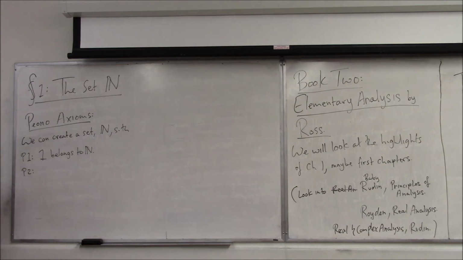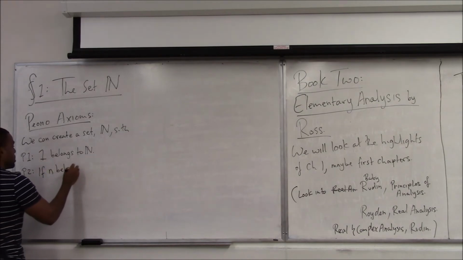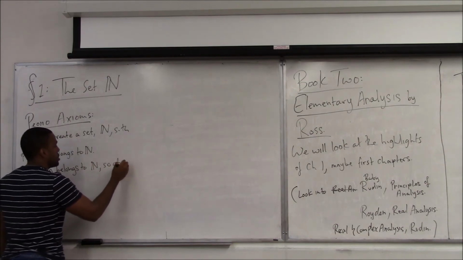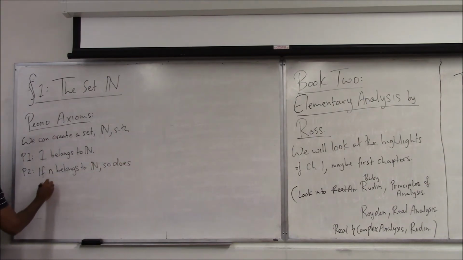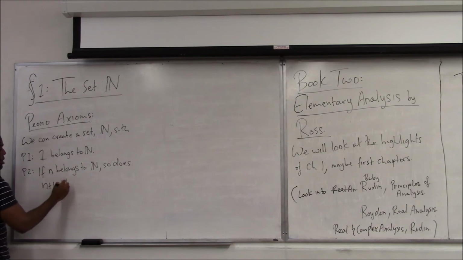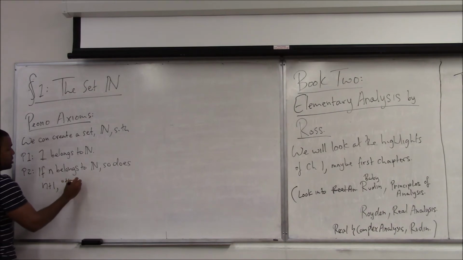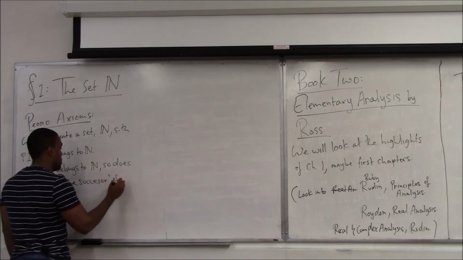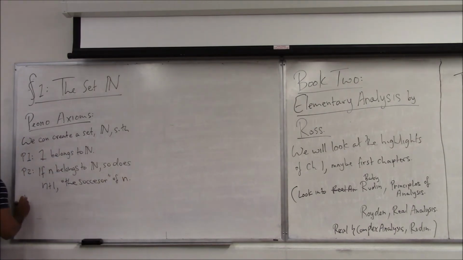Axiom 2. If n belongs to N, so does n plus 1, which we call the successor of n. So we know that the number 1 is in the set.